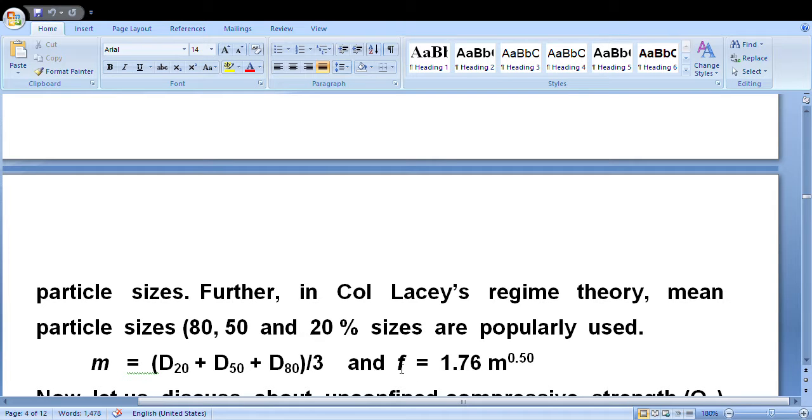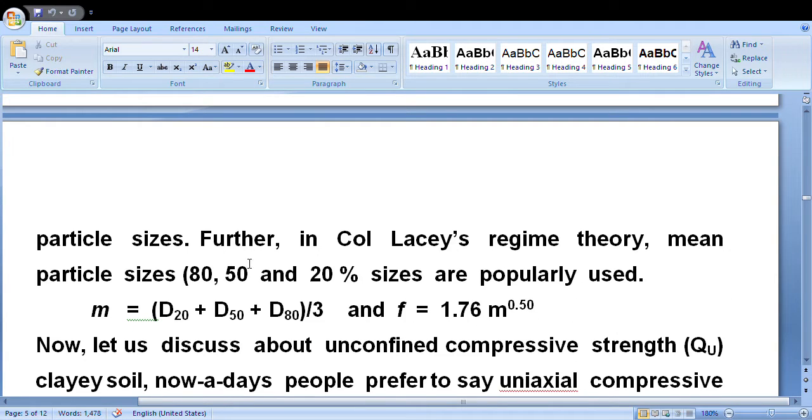This is Lacey's silt factor. And using his regime theory, we can design and analyze well foundations and protection works, guide bunds, any other hydraulic structures.